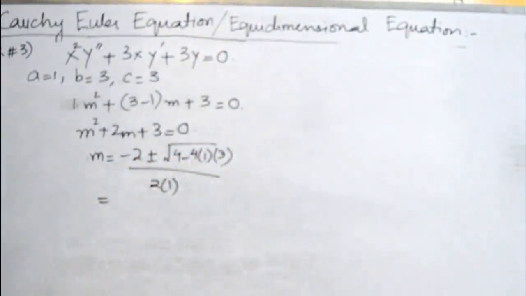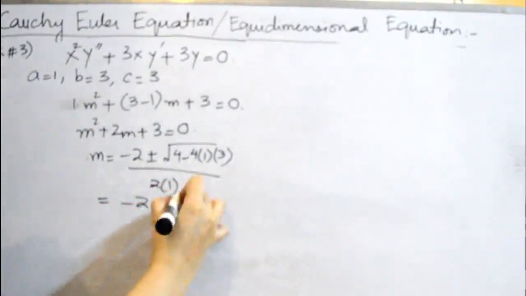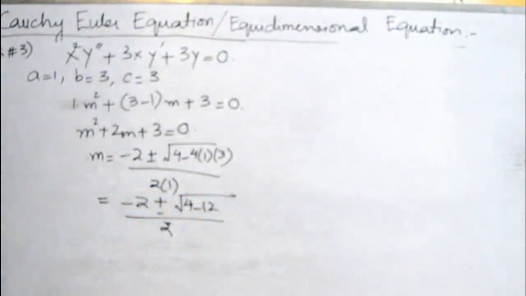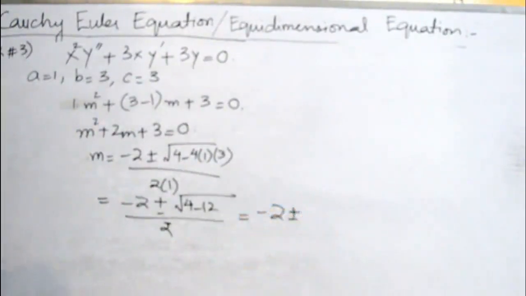So that makes minus 2 plus or minus the square root of 4 minus 12, over 2. So that arises to complex conjugate roots. You can definitely see this. So that makes minus 8.